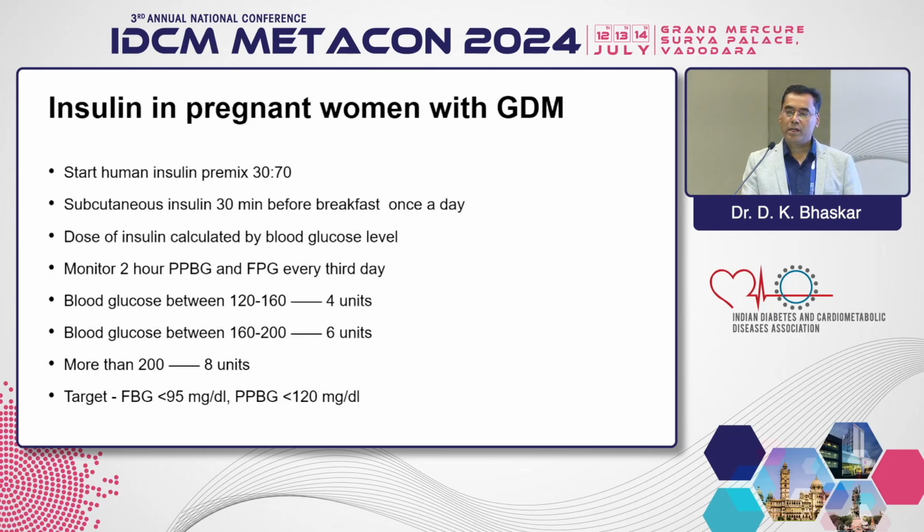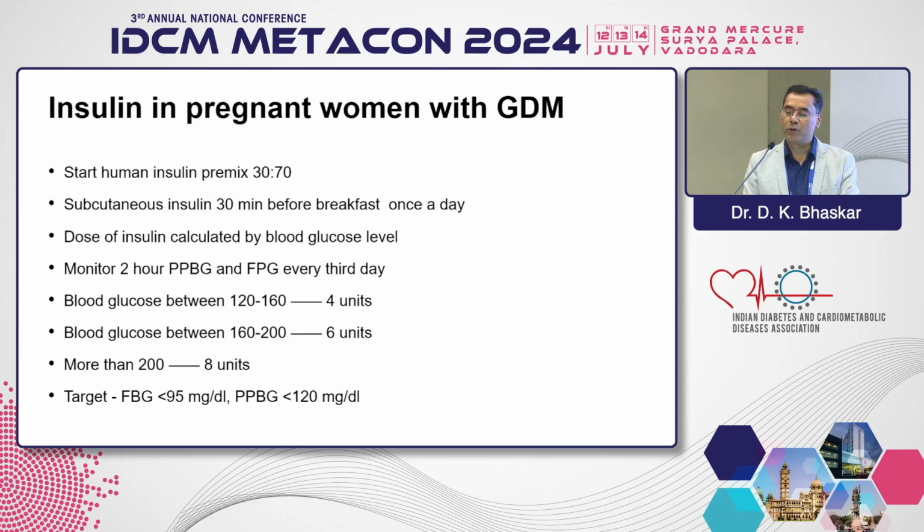So we can start with a simple regimen like premix insulin, that is Mixtard or 30/70, or we can start with Novomix, that is an insulin analog premix insulin also. So premix insulin analog is the best insulin. This is subcutaneous insulin, given 30 minutes before breakfast once a day, and the dose is calculated as follows.